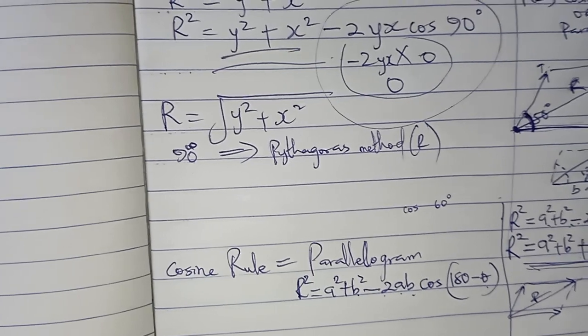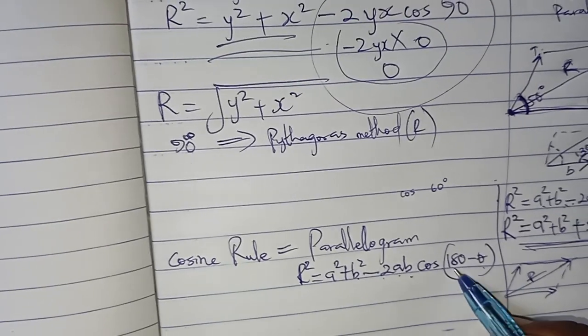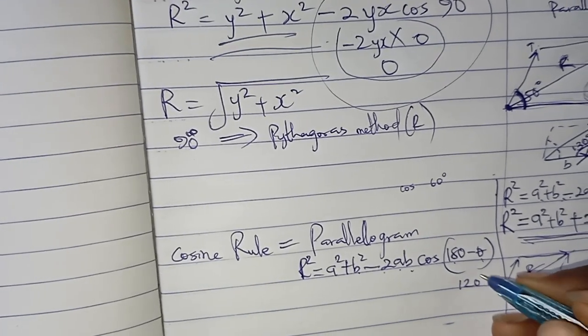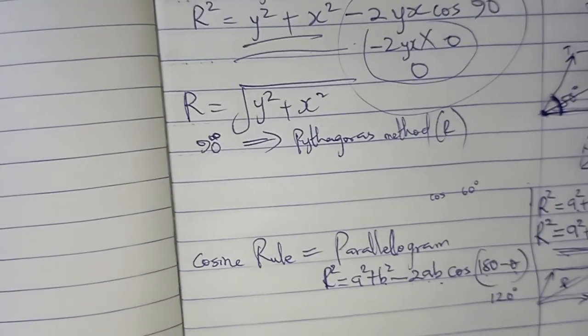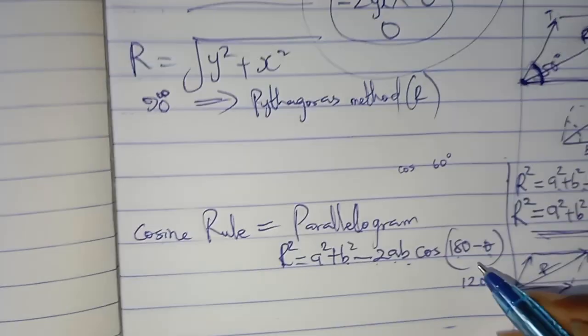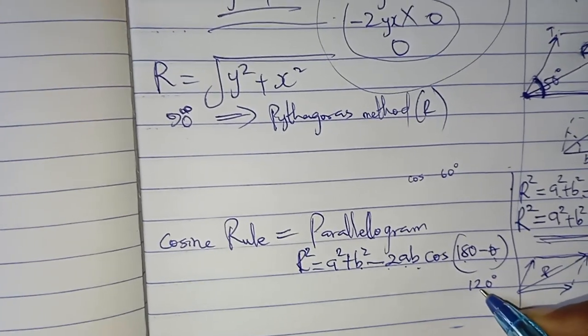Now, by the time I do cos (180 minus 60), I'll get 120 degrees. Is it not true? I'll get 120. So if I do 180 minus 60, for example, I'll get 120.